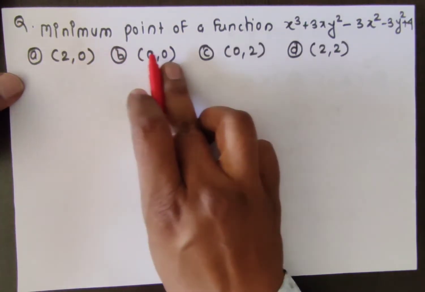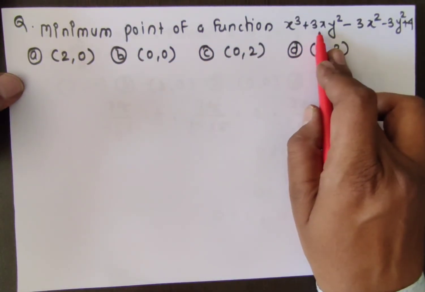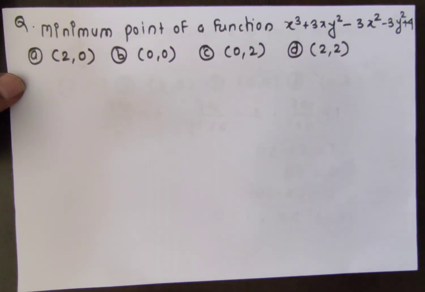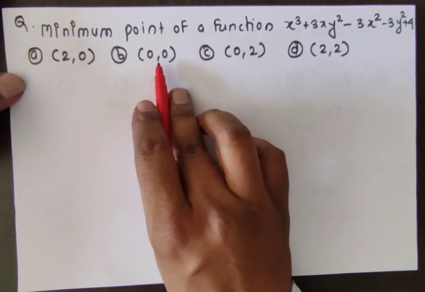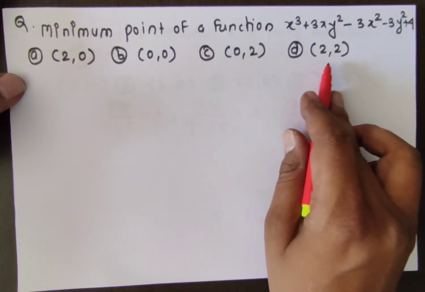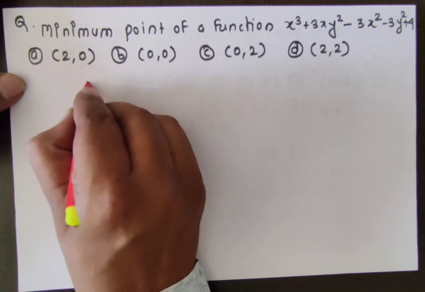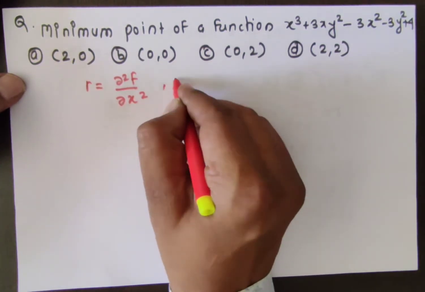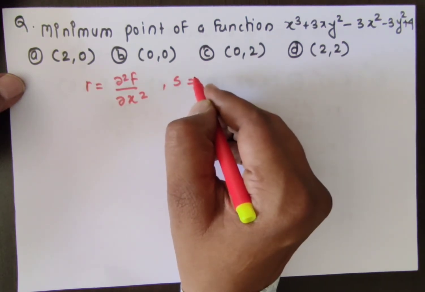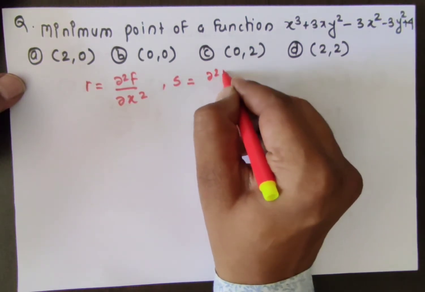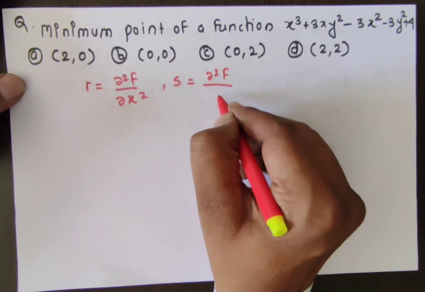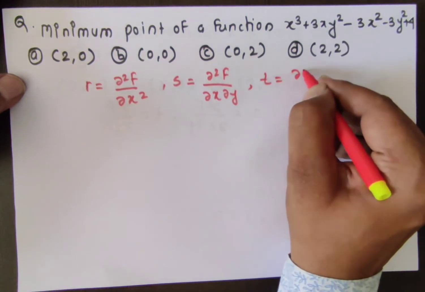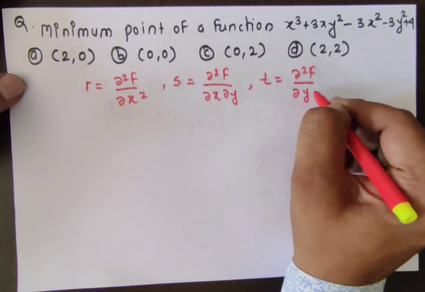So what will be the minimum point of a function x cube plus 3xy square minus 3x square minus 3y square plus 4? Options are (2, 0), (0, 0), (0, 2) and (2, 2). So for that, again we need to find out r is equal to del square f by del x square, s is equal to del square f by del x del y, and t is equal to del square f by del y square.